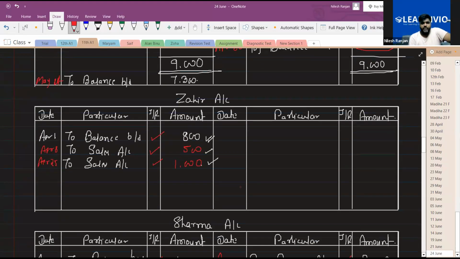In Jahid's account, there are only items on the debit side and zero amount on the credit side. So obviously the debit side is higher. It will be 2,300. 2,300, and here it will be by balance CD 2,300, April 30th.